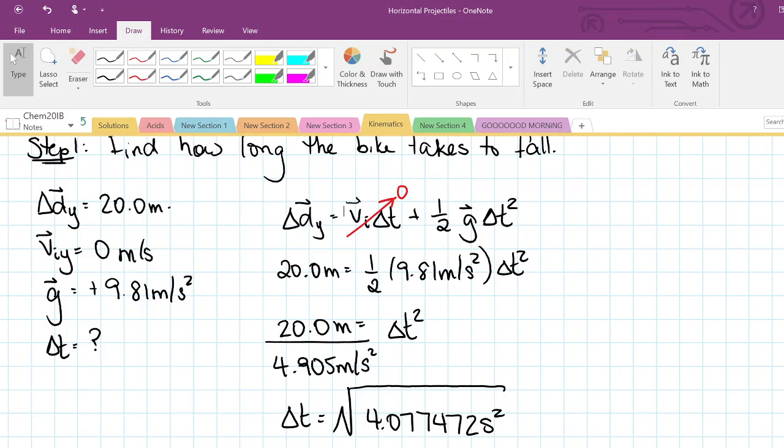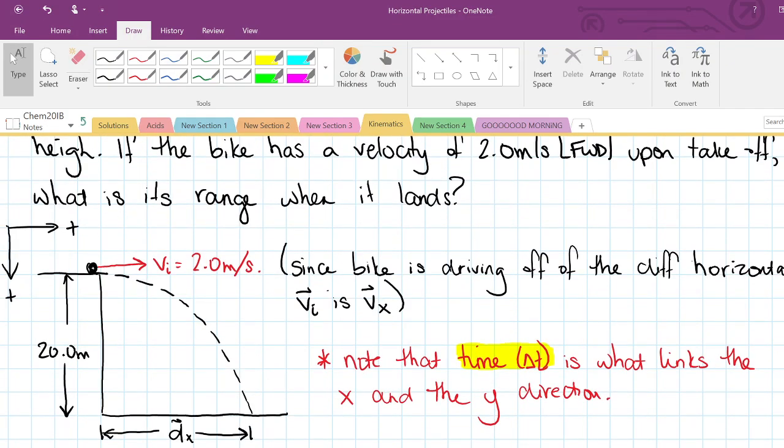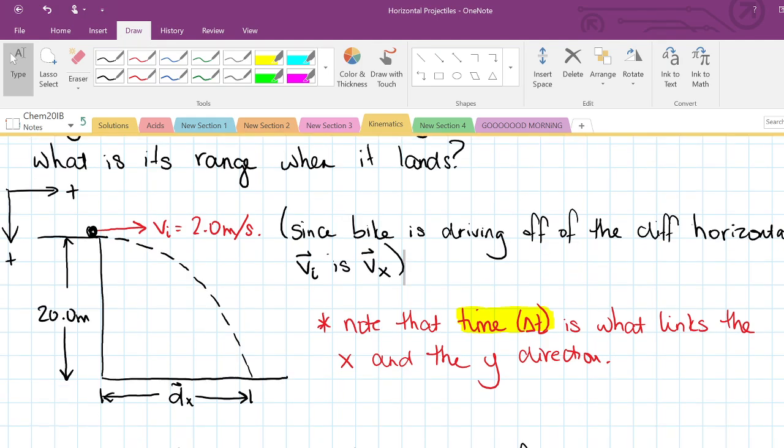What the question was asking me originally is, what is the range? So what is the distance here in the x direction that the object is going to displace itself? Now remember, the only thing that will link this y direction to the x direction is the time, and I just figured out how long the object is falling.